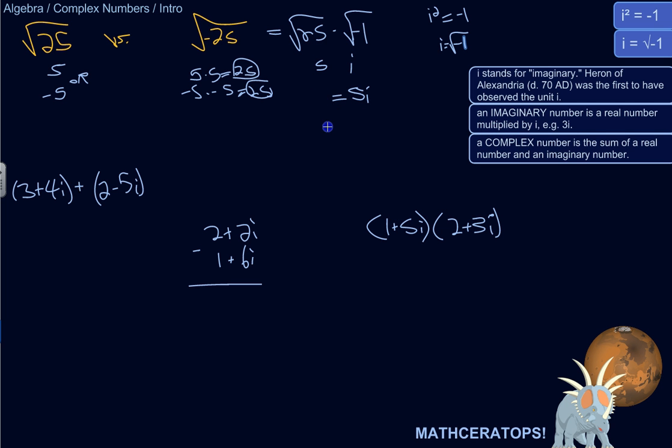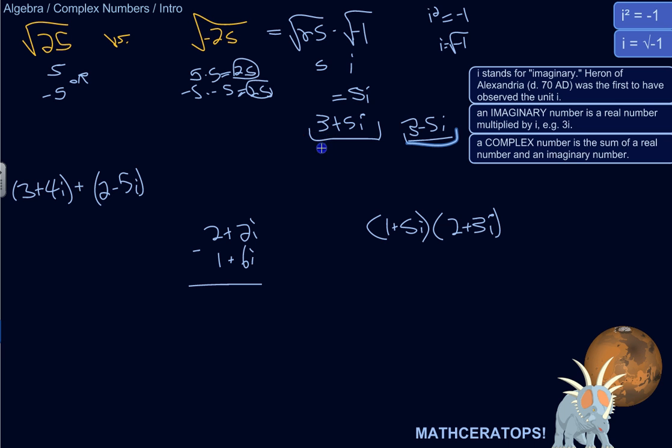So 3 plus the imaginary number 5i, this altogether would count as a complex number. It's the sum of a real number and an imaginary number, or 3 minus 5i. These are complex numbers.